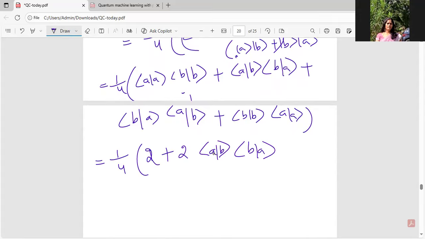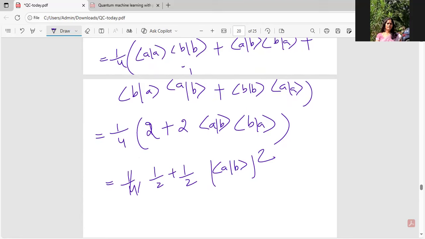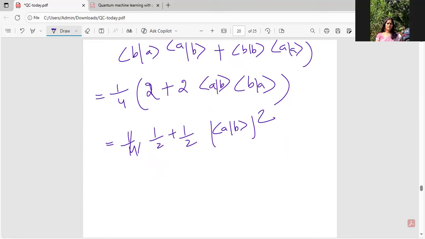Since both are equal, what happens is 1 by 4. Of course, I can write this as 1 by 2 plus 1 by 2, and since both are equal, I can write it as a whole square. This is the origin for your quantum swap test formula.